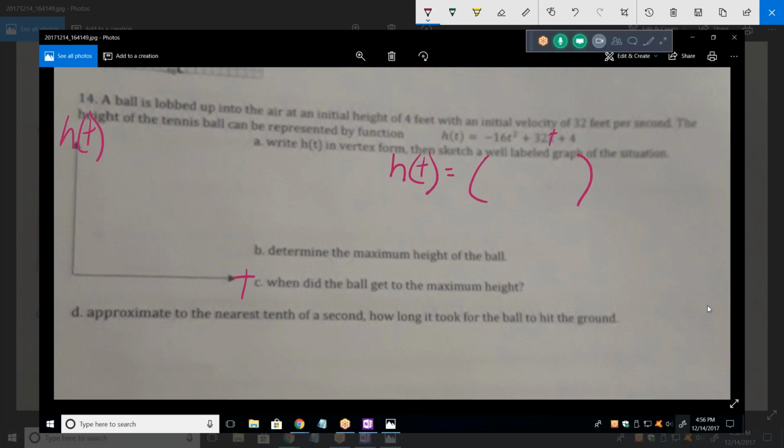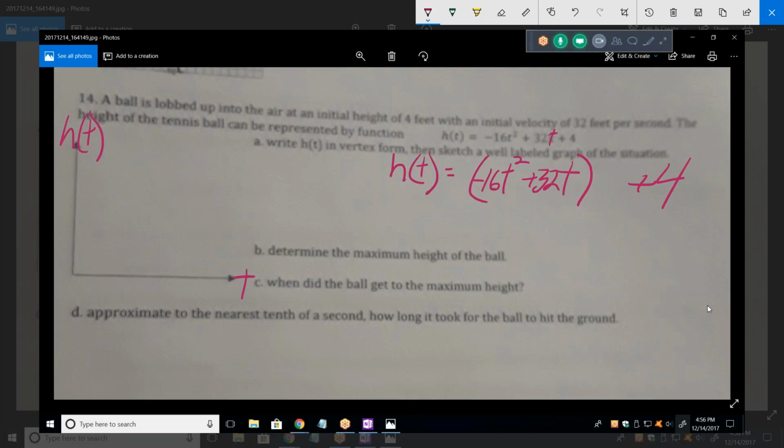Always think parentheses. If you remember parentheses as the first step, you'll never get it wrong. What goes in those parentheses? -16 t squared plus 32 t. Where's the 4 go? Outside. Okay, so that's what we're looking at.